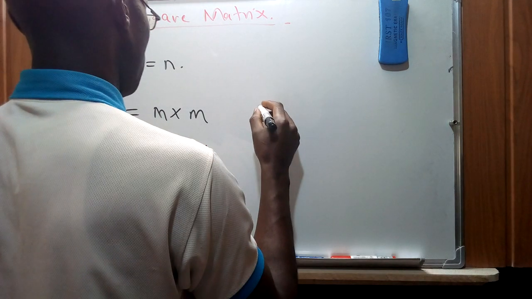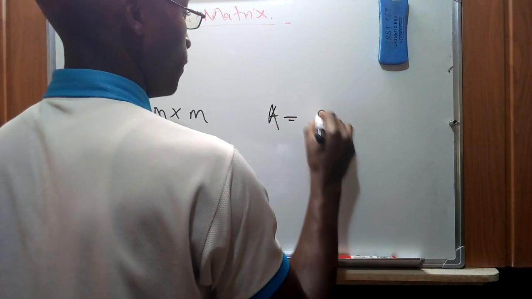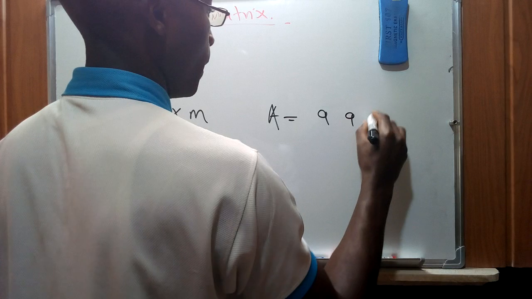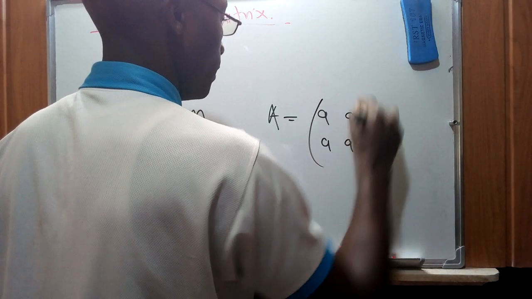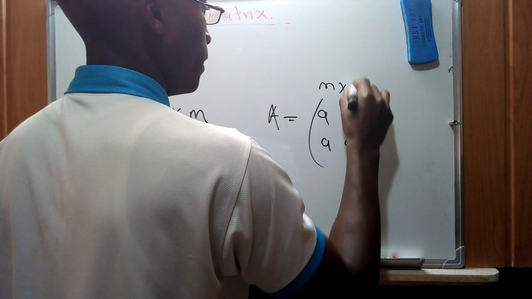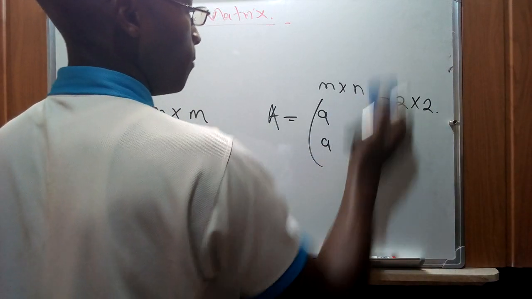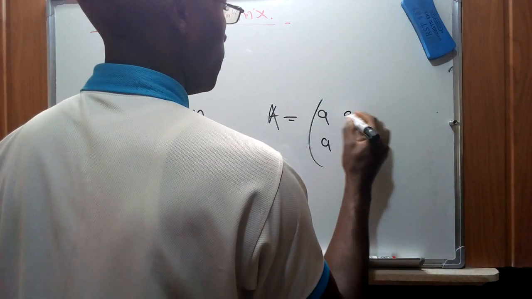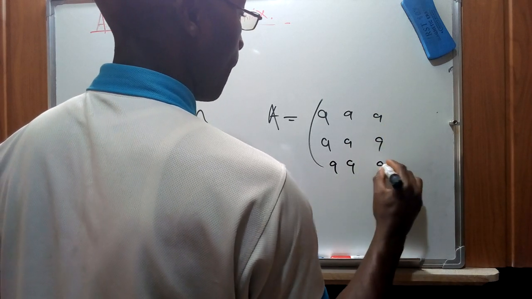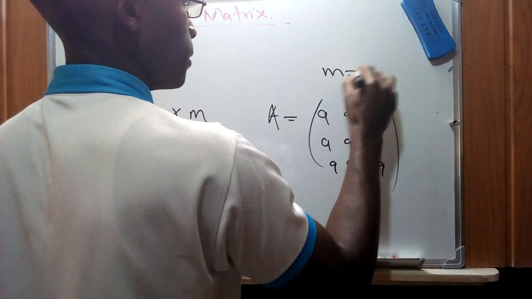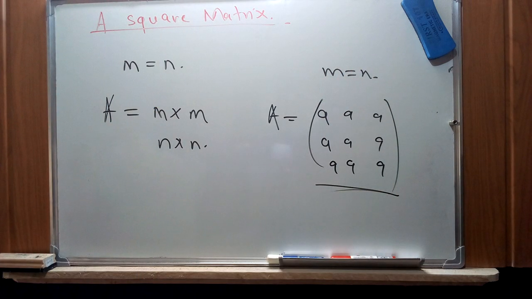We can say that maybe this is A, or maybe we just take this one. We can see that this is a 2 by 2 matrix. These numbers can vary, and we can say that this is A. So long as m is equal to n, this one can be defined as a square matrix.